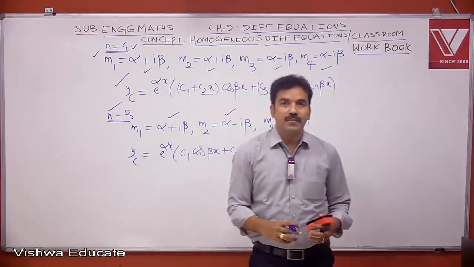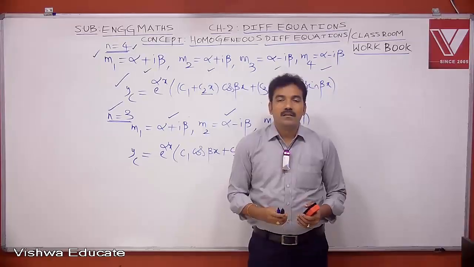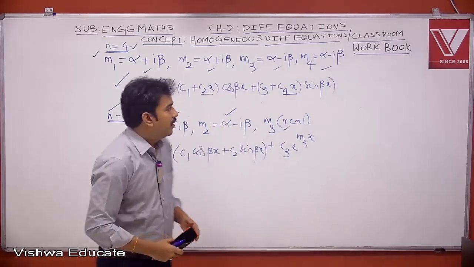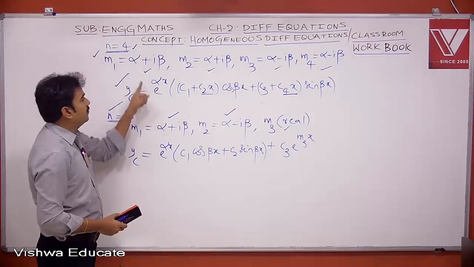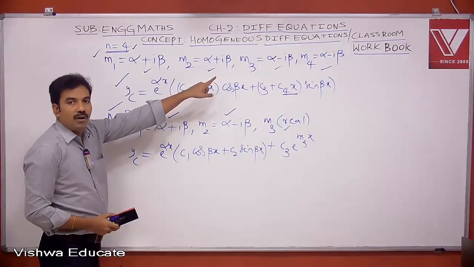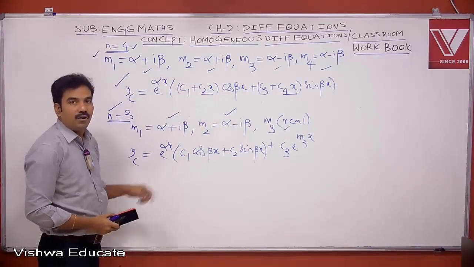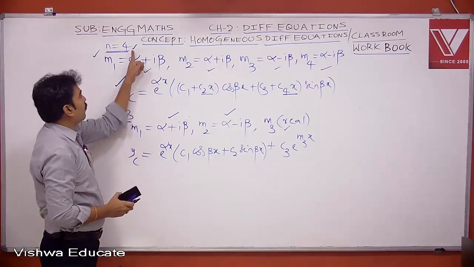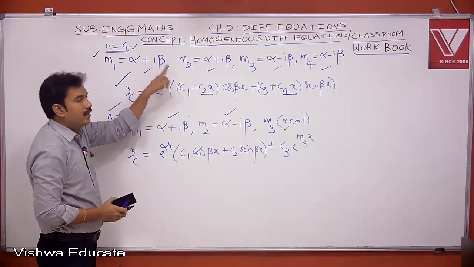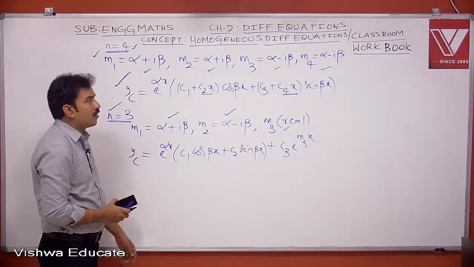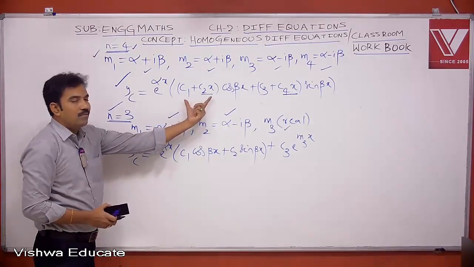Write these as notes. Note: if n equal to 4, and m1 equal to alpha plus i beta, m2 equal to alpha plus i beta, m3 equal to alpha minus i beta, and m4 equal to alpha minus i beta, then YC equals this equation.